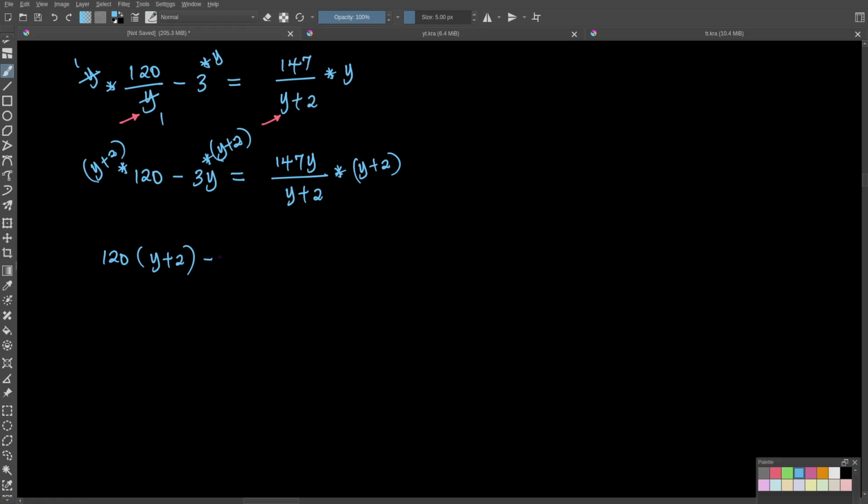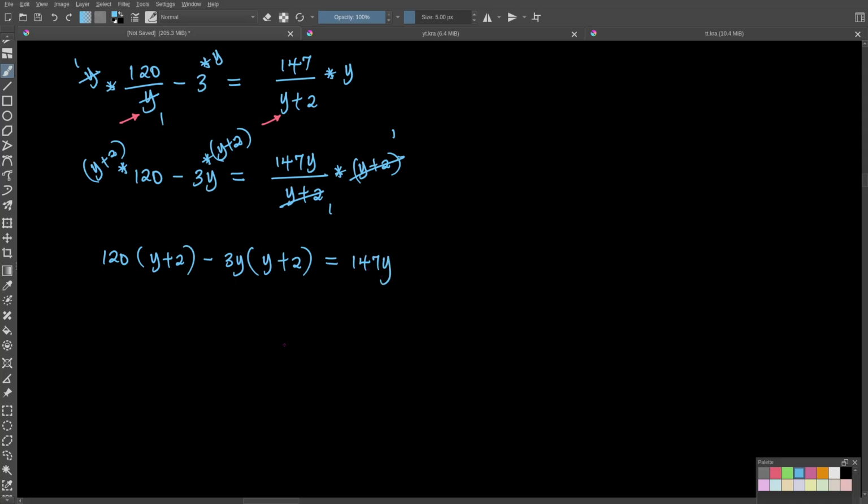Then we have minus 3Y into brackets Y plus 2. And all this is equal to, on the right, we just do by Y plus 2, this is 1, so we are left with 147Y.